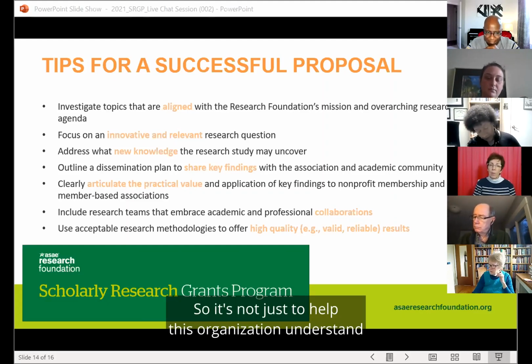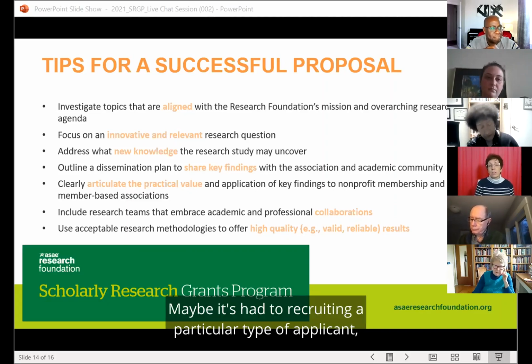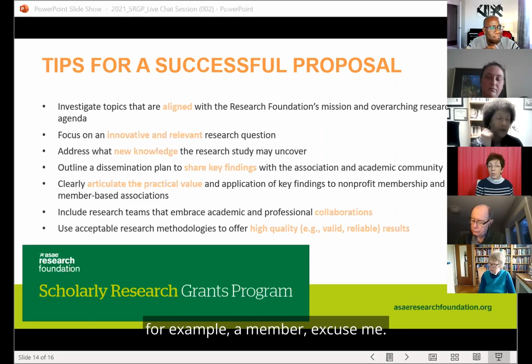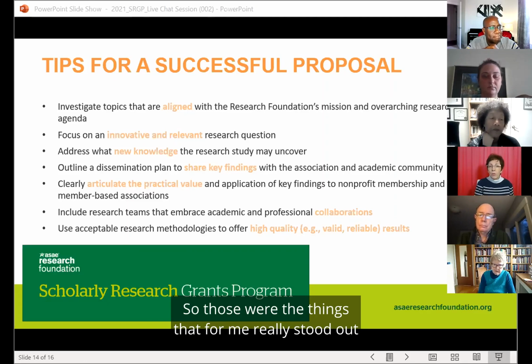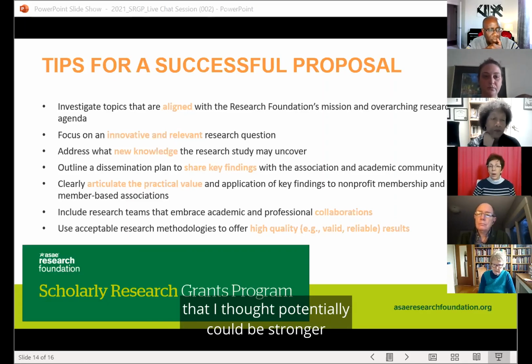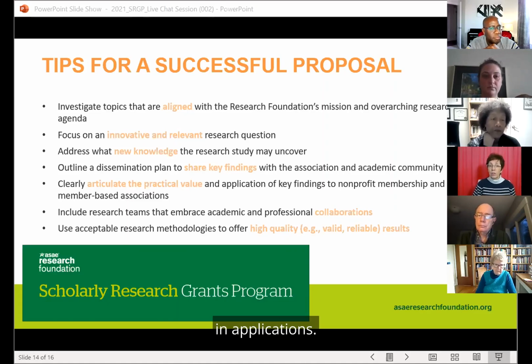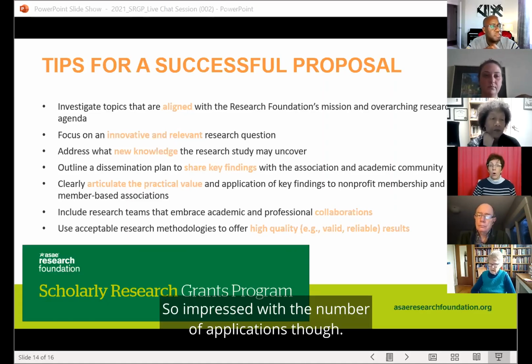So it's not just to help this organization understand these are some barriers. Maybe it's had trouble recruiting a particular type of member, for example. But rather, with this data, we think we could then help other associations follow suit. So those were the things that for me really stood out that I thought potentially could be stronger in applications. So impressed with the number of applications though.